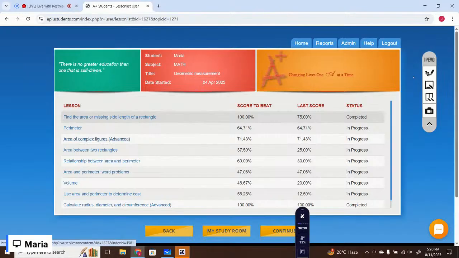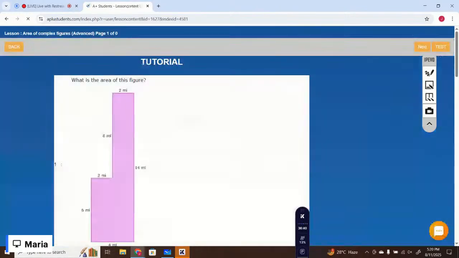That is area of complex figures. What is the area of the figure?